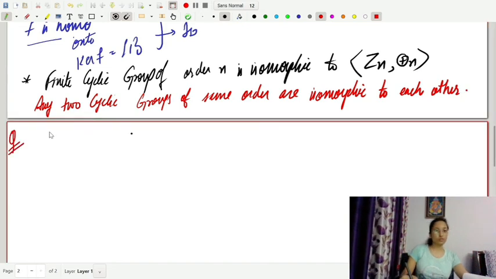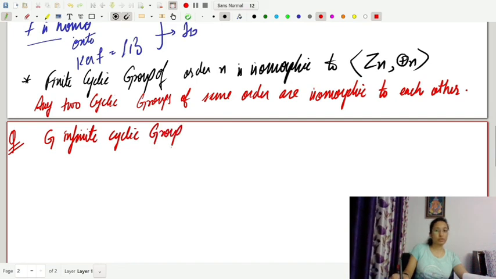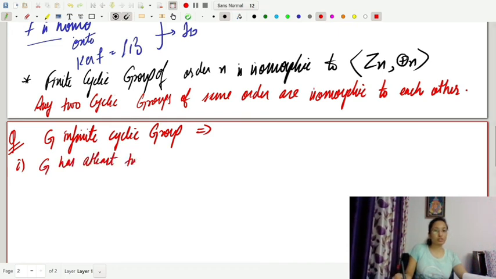State whether it is true or false. Let G be an infinite cyclic group. First part: G has at least two elements of finite order.